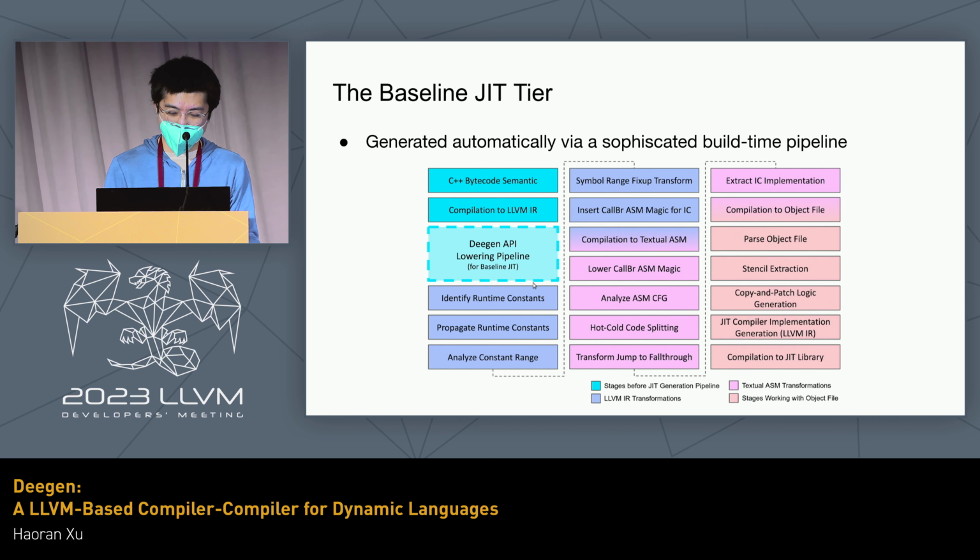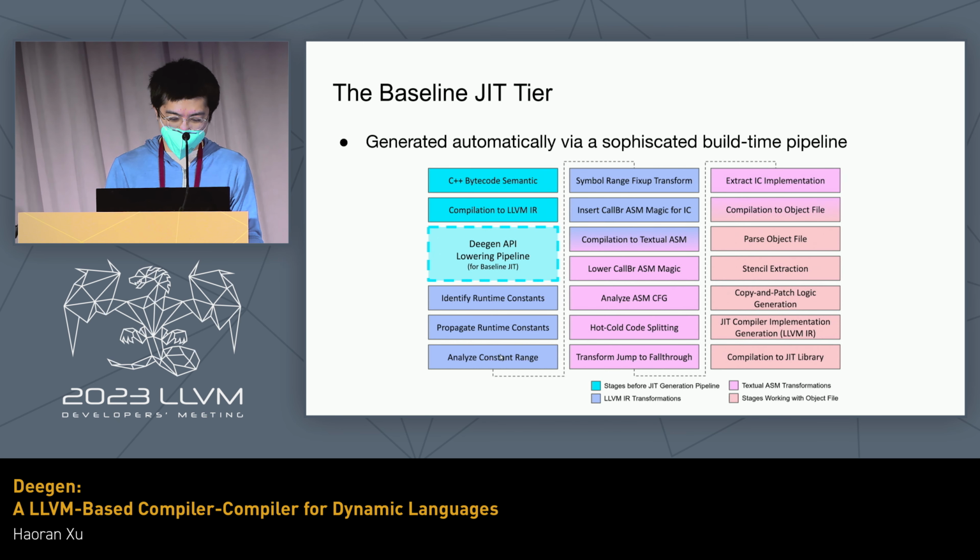So the thing is that at runtime, everything in the bytecode stream are constants. So we automatically identify those constants and generate JIT code that has these constants hard-coded into the instruction stream.